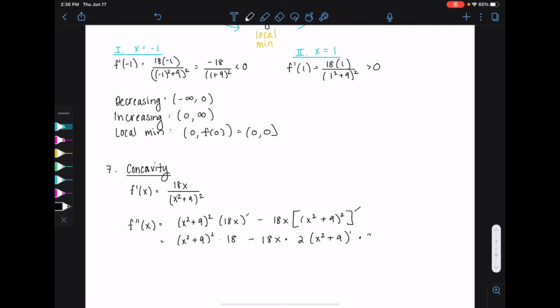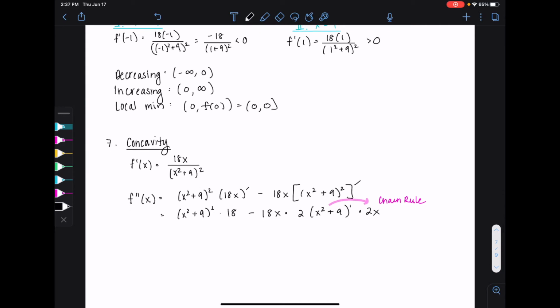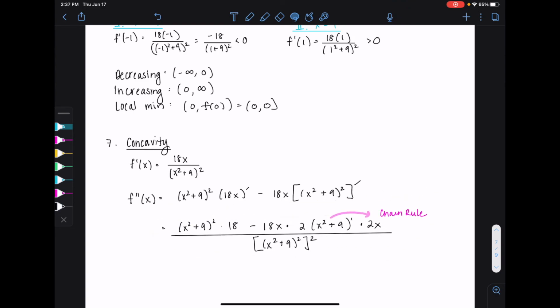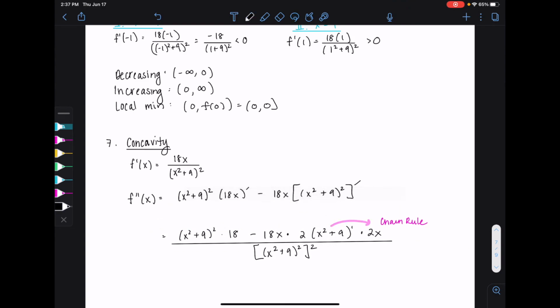But by chain rule, we've got to take the derivative of the inside, which is 2x. And then this whole thing is divided by our denominator squared, which I forgot to do in the step above because I got eager and went to taking derivatives.